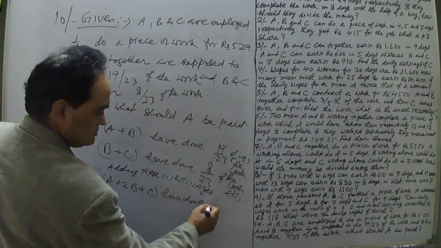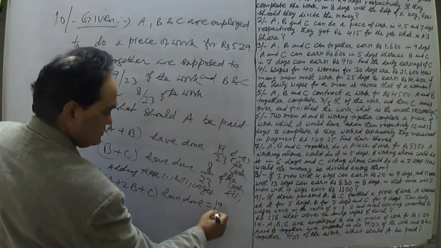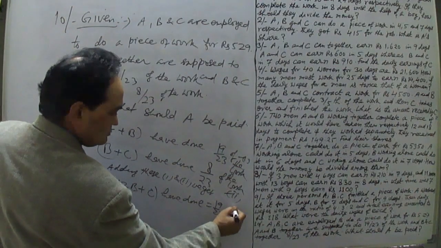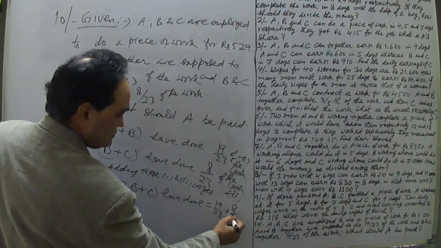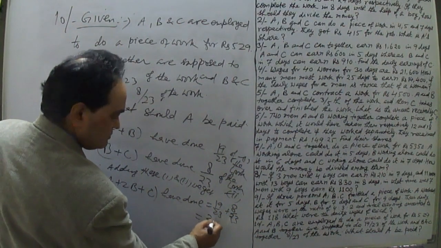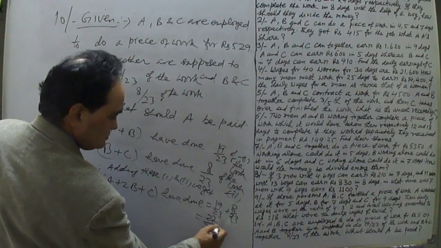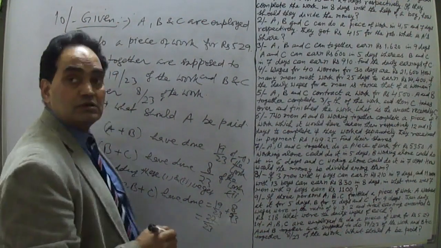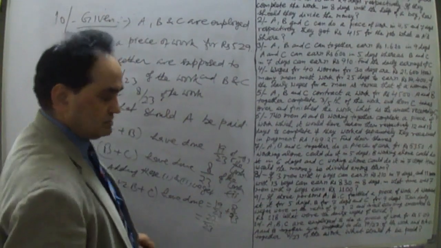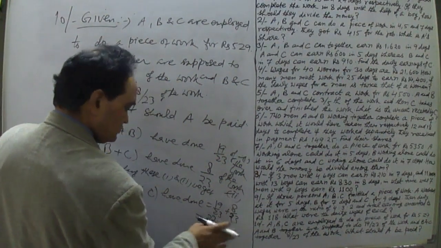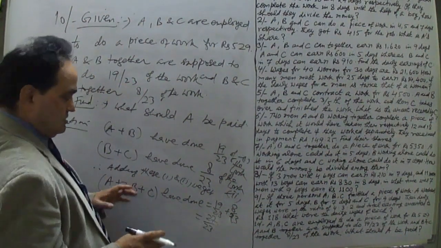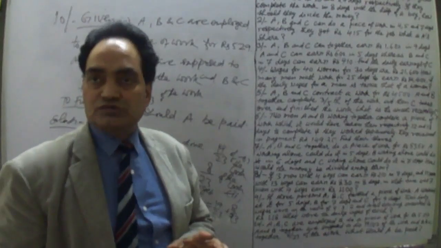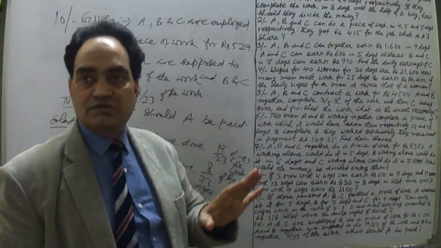Adding these two portions, this will be 19/23 plus 8/23, that means 27/23. This is 19 plus 8 is 27. This much total work, but this is A and B. Suppose that A plus B plus C will do the complete work.